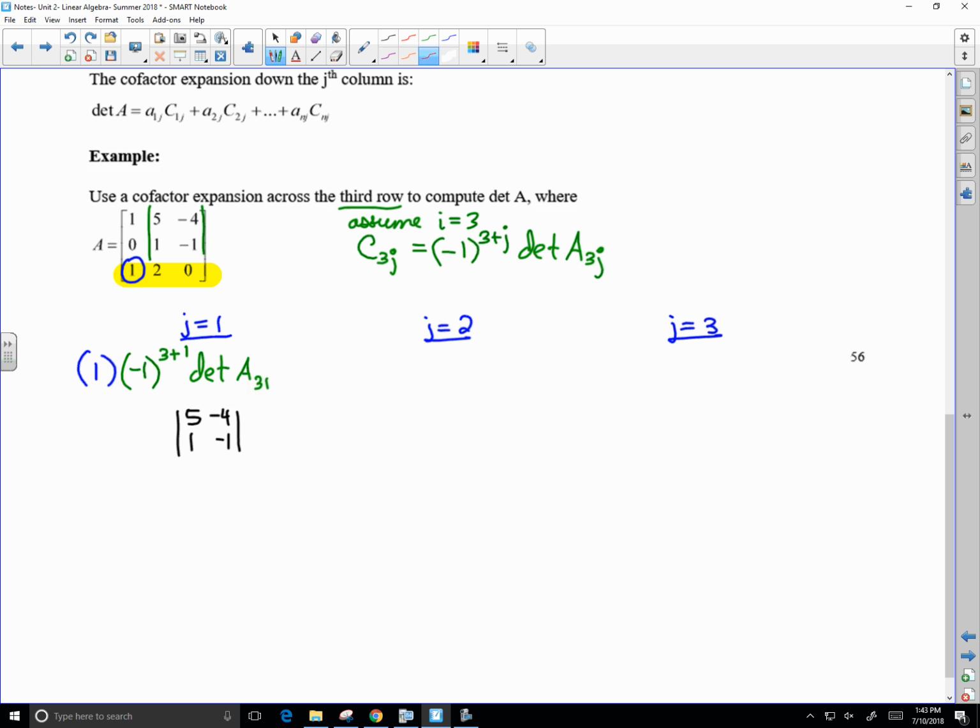Then we go to j equals 2. Value is 2. -1 to the 3 plus 2, times the determinant of not D, but a sub 3,2. So -1 to an odd power is going to be negative, so we're looking at a coefficient of -2.